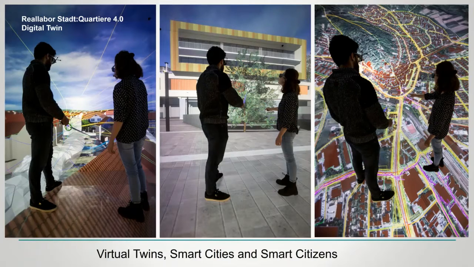So you can walk into this data set and experience how that would look if that river would be opened as it is visualized here. You also see some tables and chairs for a little cafe out here, and so on.